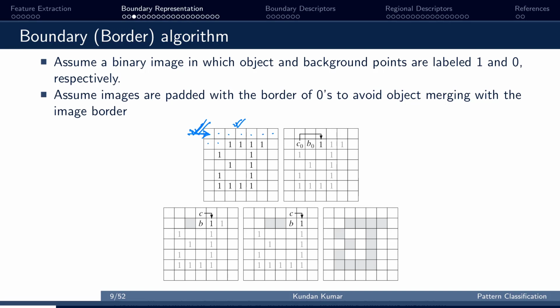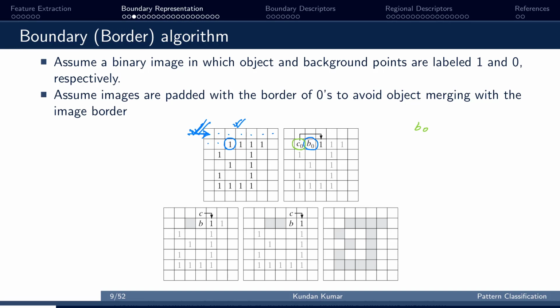Once it encounters the first object pixel, it will be denoted as B0, and the preceding pixel during the scan will be denoted as C0. We will store B0 as the initial point of this boundary representation.